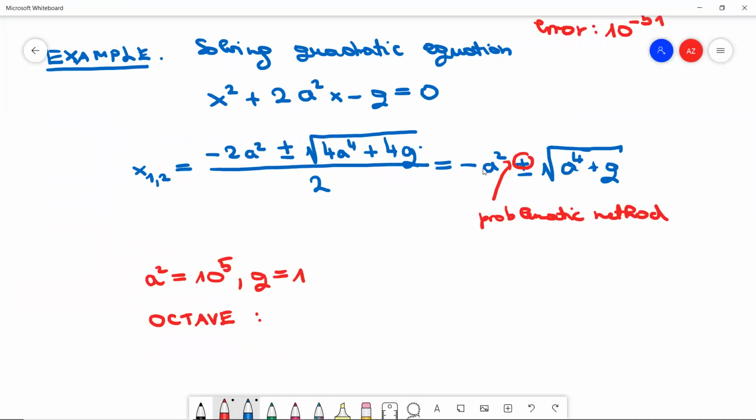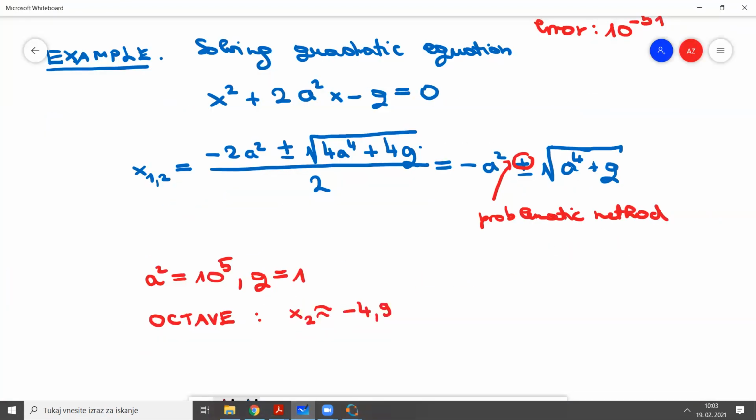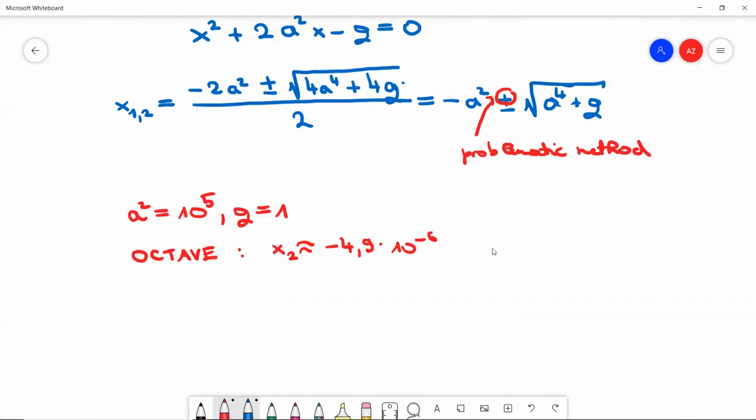However, since we are aware of the problems of our method, we can try to use another formula. So Octave says that x2 is around minus 4.9 times 10 to the power of minus 6. But x2 squared plus 2a squared x minus q was not 0. It was around 10 to the minus 6.